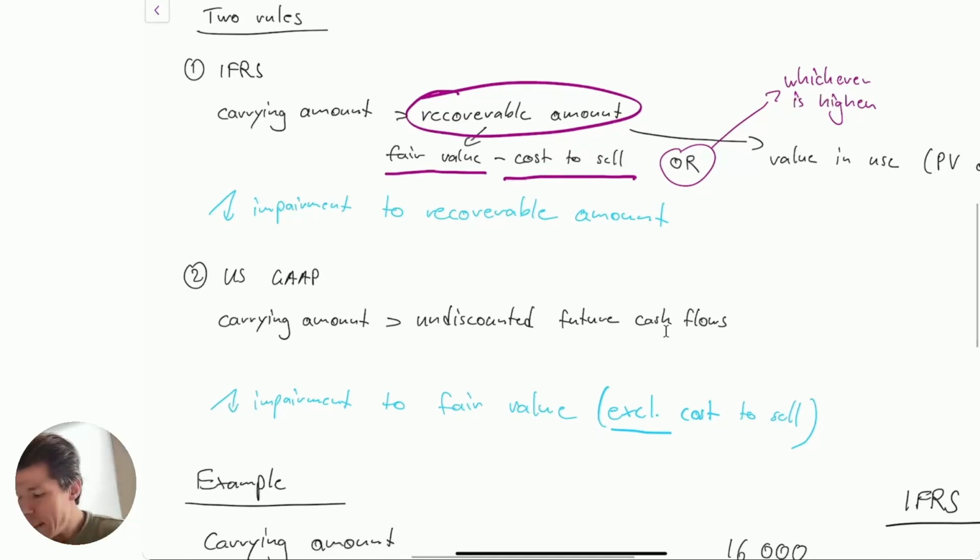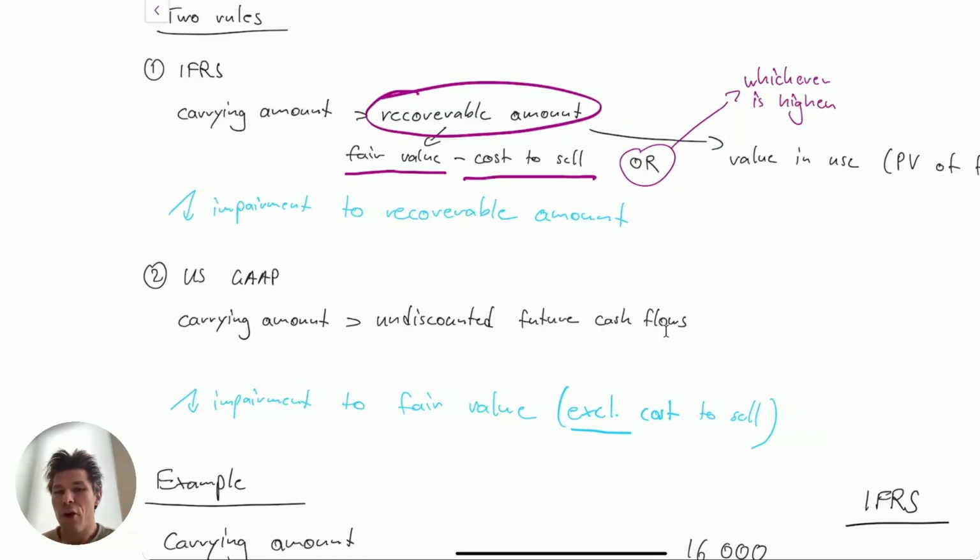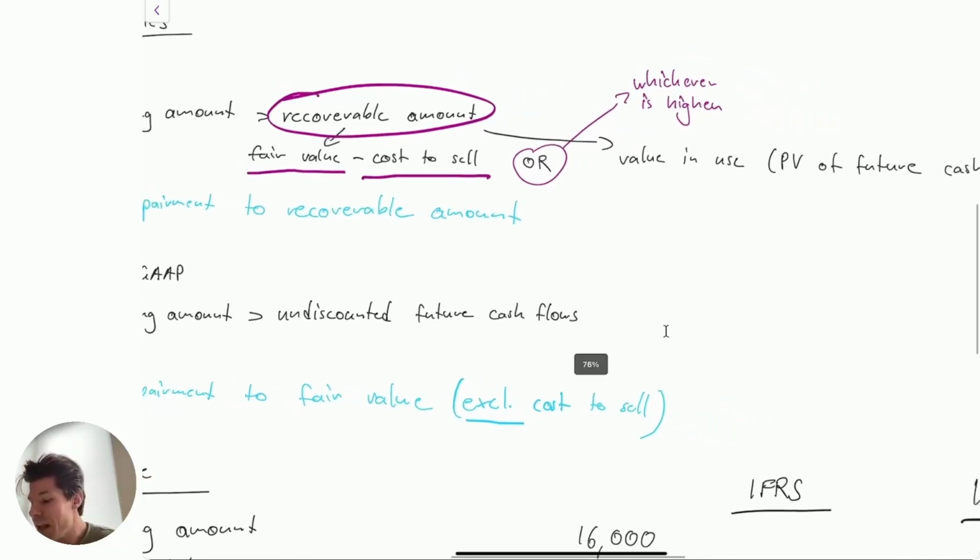US GAAP is different. You do the same. You use your carrying amount. That's the amount that sits in your balance sheet. And you compare this with your undiscounted future cash flow. So here, when you do the comparison and the initial check, you don't care how much you can sell the asset for. You don't care about the present value of future cash flow.